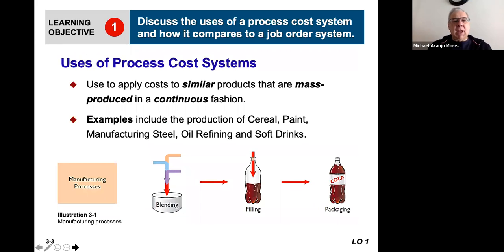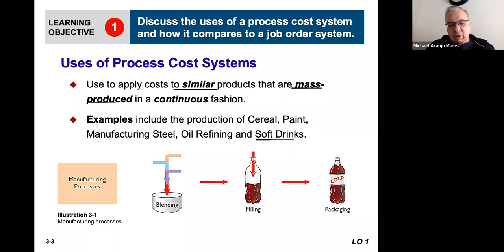Okay. So the process cost systems basically apply to costs with similar products that are very much mass produced. For example, in this case, you have soft drinks, right? So for things like Coke or Pepsi, everything is sort of put into a large tank and blended accordingly.